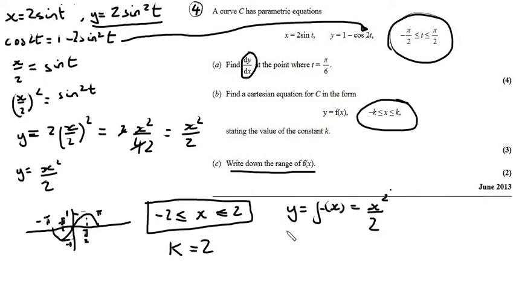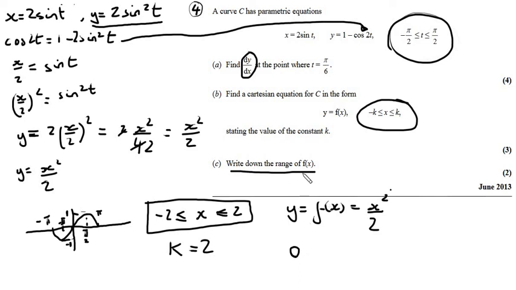So the maximum value that y can take on is going to be positive 2. Because whenever you have a negative number, you're going to be squaring it. And the values of x range between negative 2 and 2. So the lowest value that this function y can be equal to is going to be 0.